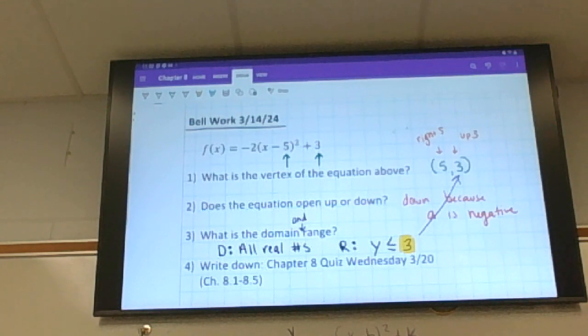So here's the y-axis. The y values hit 3, turn around and come back down. And that's why the range is y less than 3. Because it hits 3, turns around and goes back down. It's every value less than 3. Any questions?